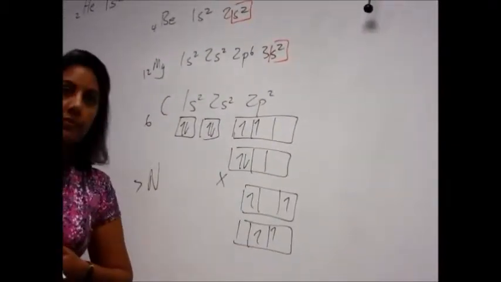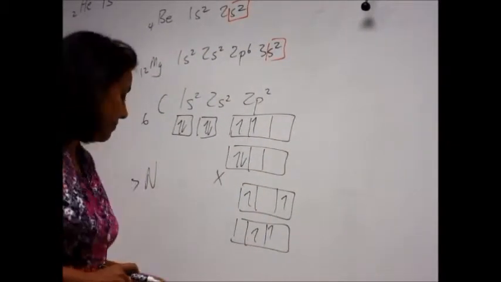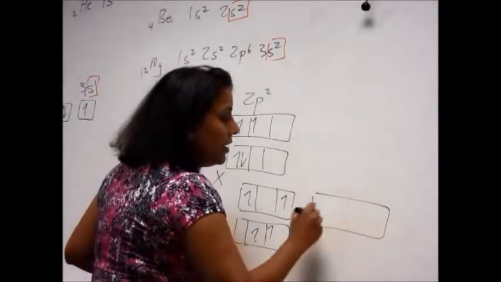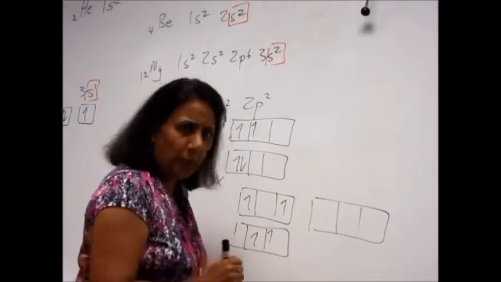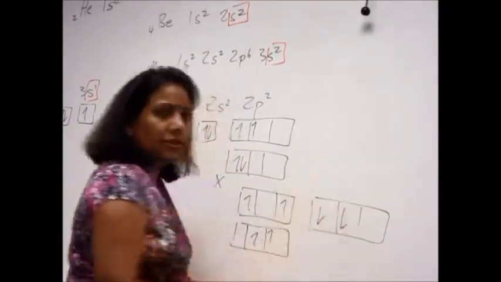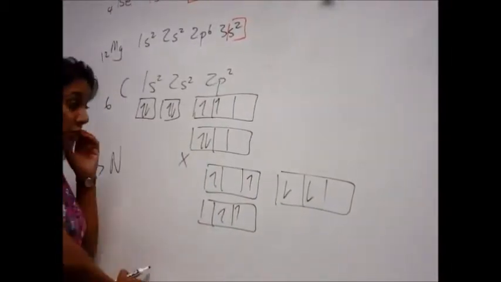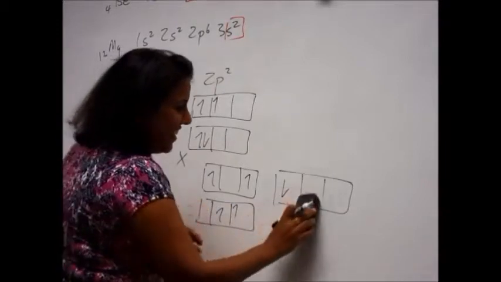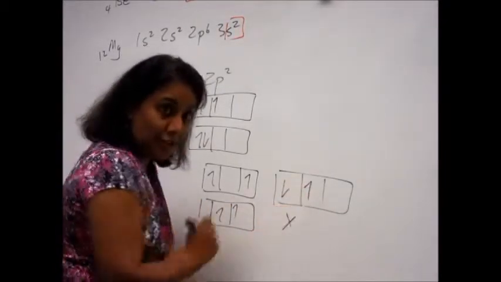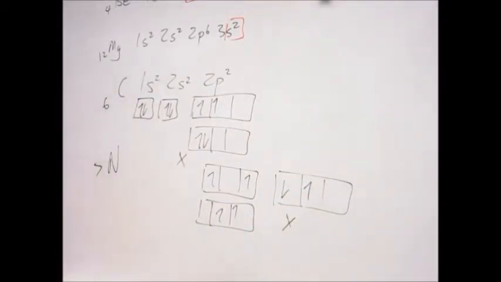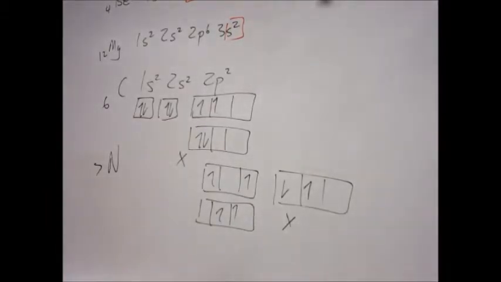Yes, Malik. Doesn't matter which way the arrows are. No, not even that. I'm sorry to cut you off like that, but yes, you can do it like this also, if you want to. Just make sure that you don't do it this way. This is not good. They should be going in the same direction, in the same spin, but singly first.